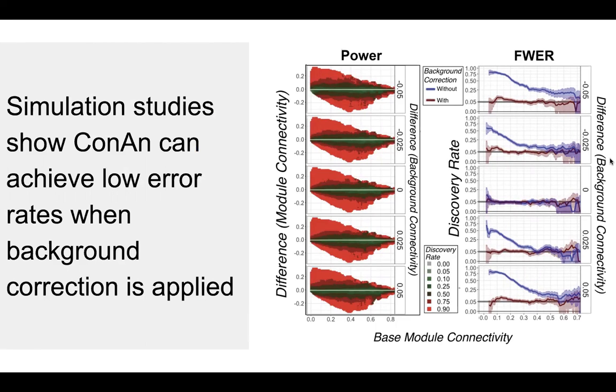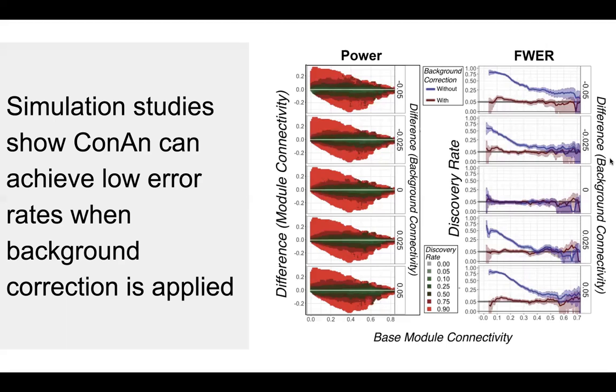Simulation studies were performed to test the sensitivity and specificity of ConAn through power and family-wise error rate evaluations. A simulated set of differential networks were made to test ConAn's ability to detect differences in modules with varying levels of initial connectivity in one condition, as shown on the x-axis, with varying levels of changes in connectivity between conditions on the left y-axis, and varying levels of background connectivity on the right y-axis.